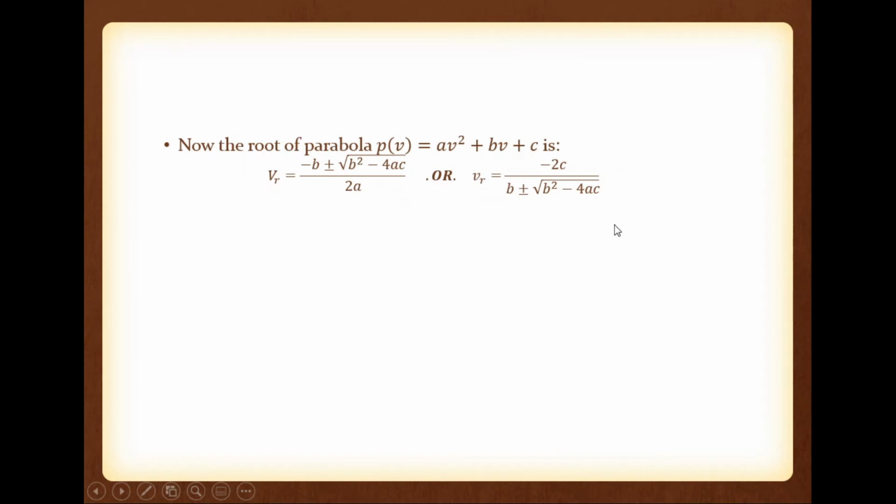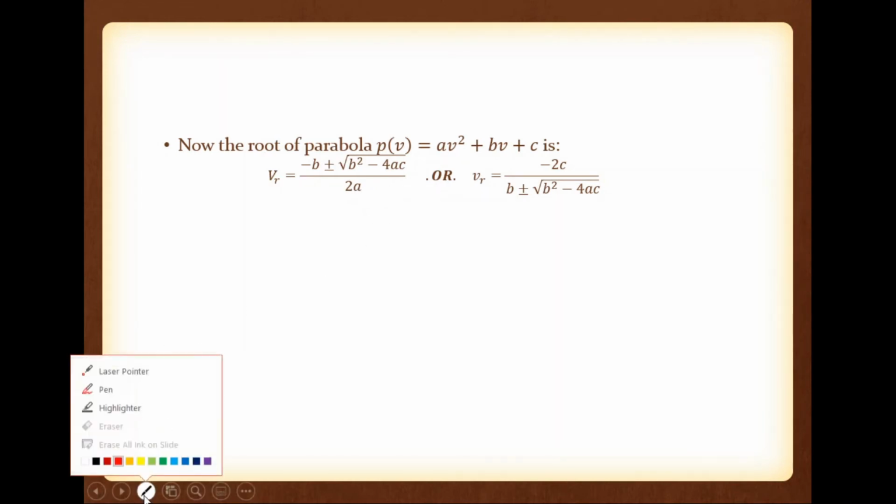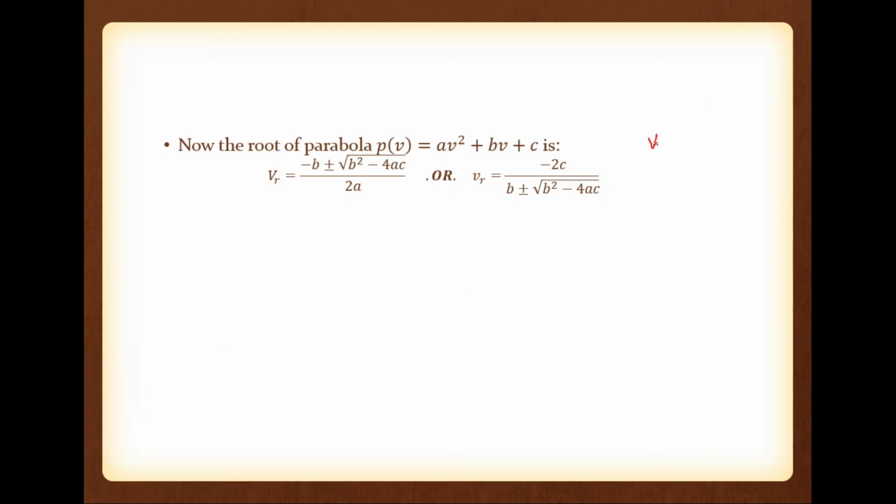So it will give the root of p of v. But what we want is the approximation of the root of the given function f of x, right? So what is v? V is equal to x minus x0. So what is vr?